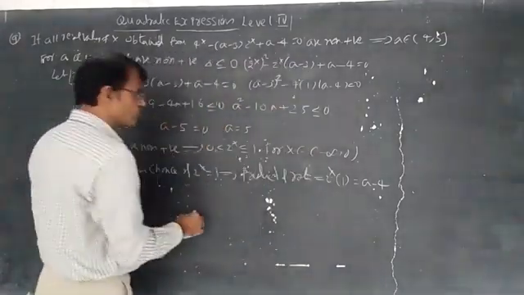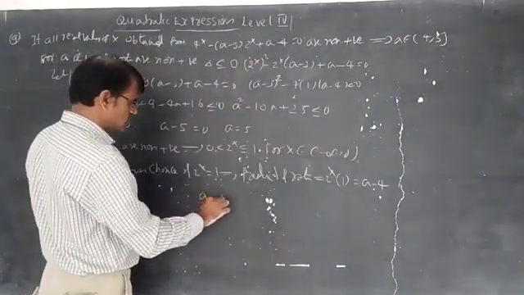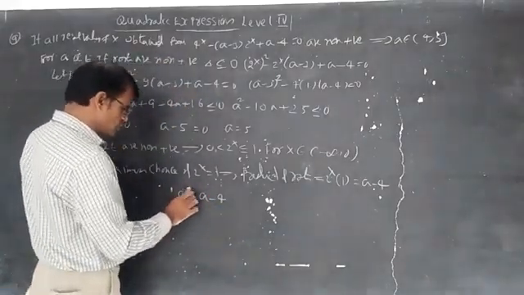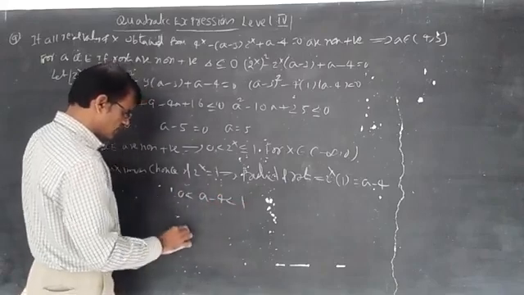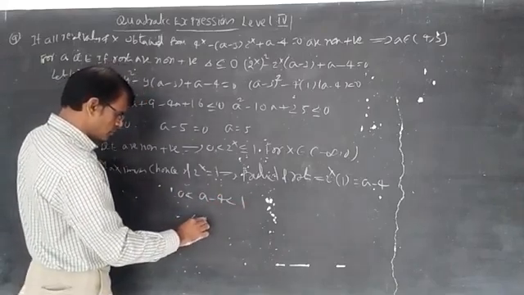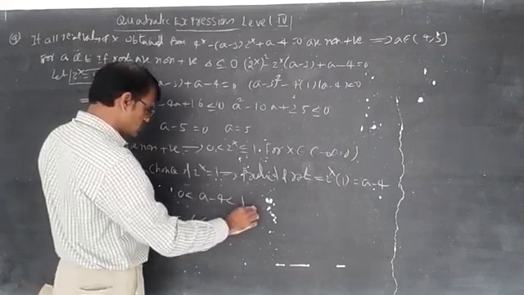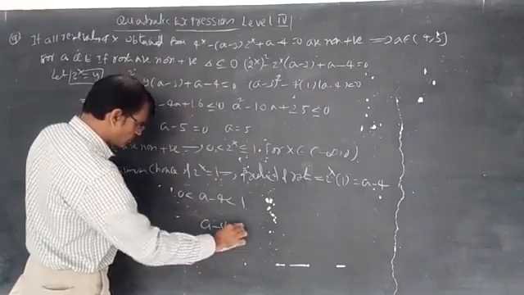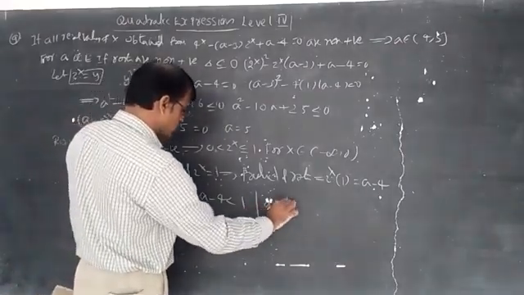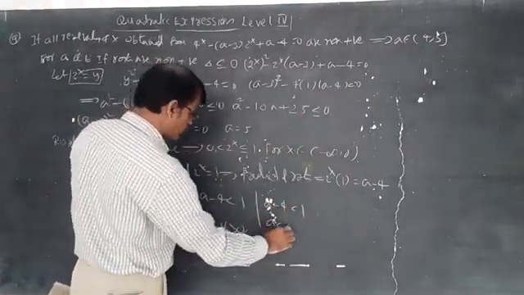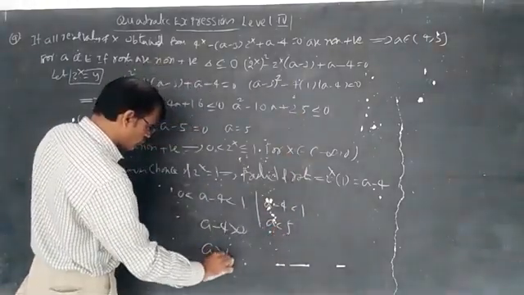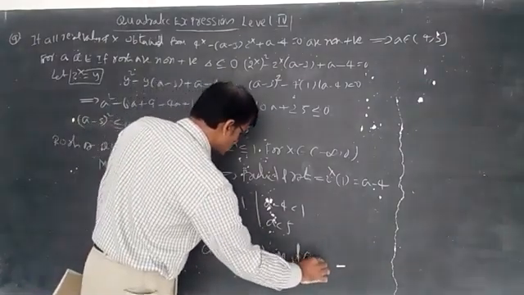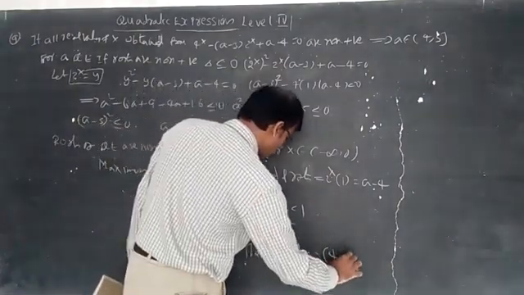So for the product of roots, you can write 0 less than a minus 4 less than or equal to 1. Now 0 less than a minus 4, so a less than or equal to 5 we got, and a minus 4 greater than 0 you write, so a greater than 4 here. Therefore the range of a is open 4 comma closed 5.